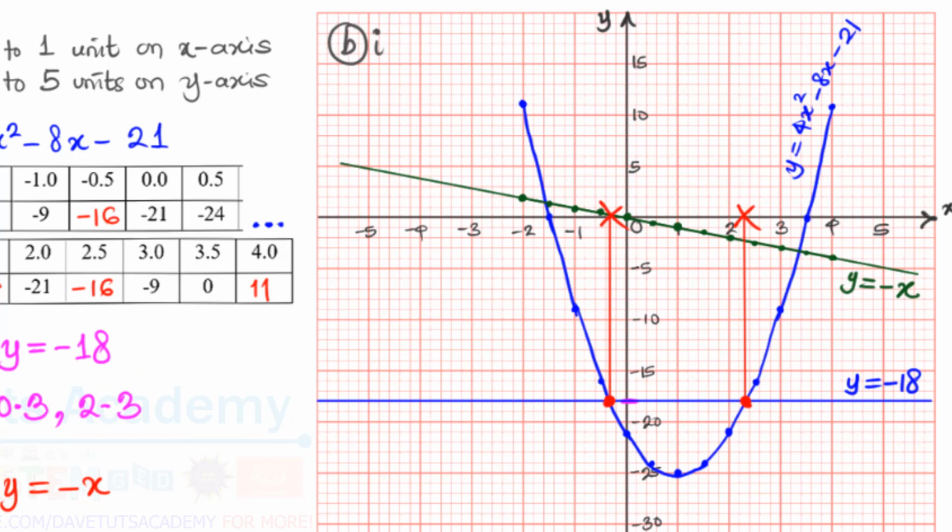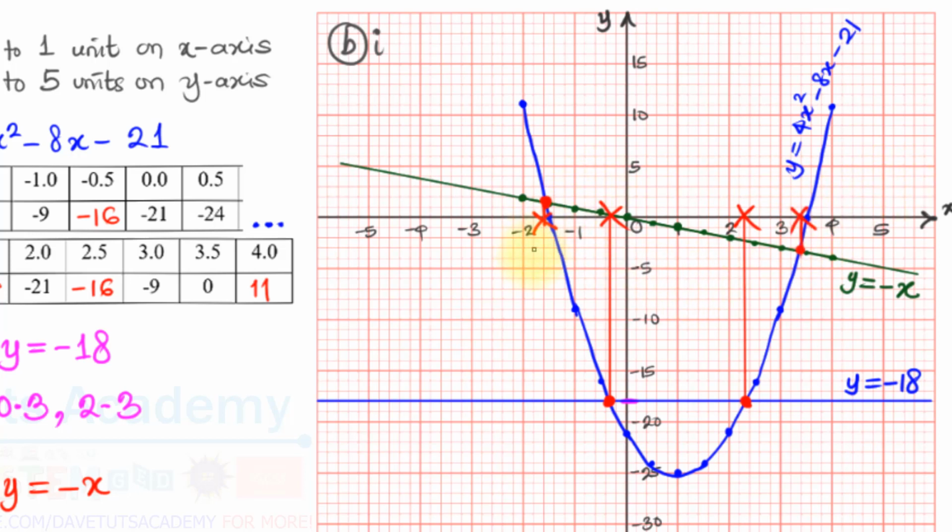All right, and then for this other one, y is equal to minus x, we also look at the point of intersection here and we draw down, and here, okay, that's going to be one of the solutions, and the other solution will be coming here, and if we also draw it up, is here.